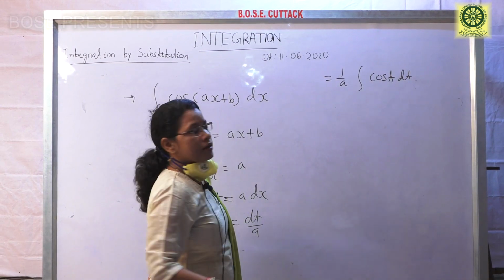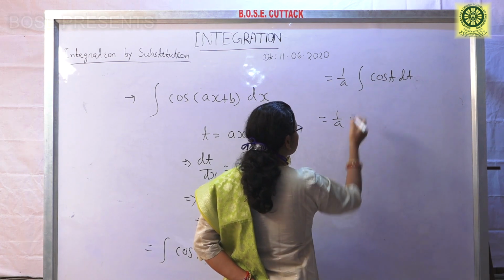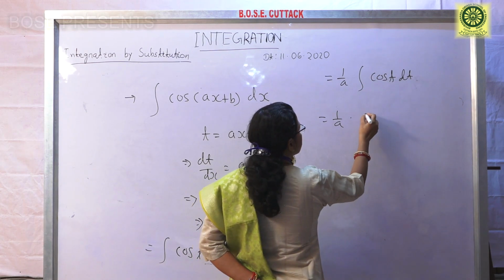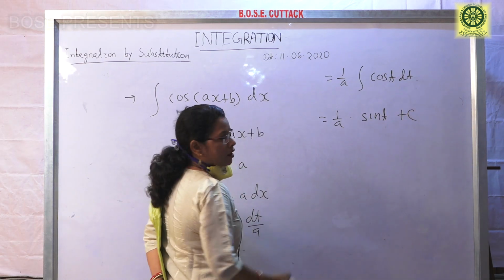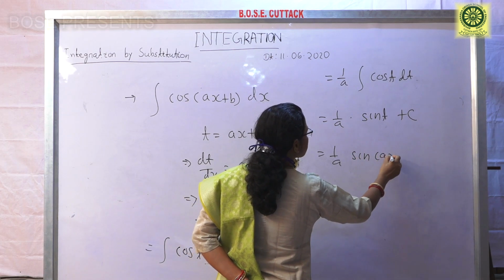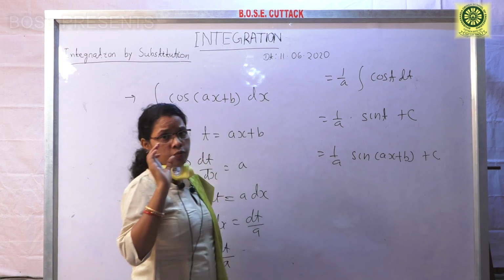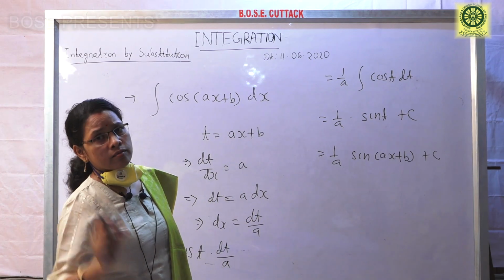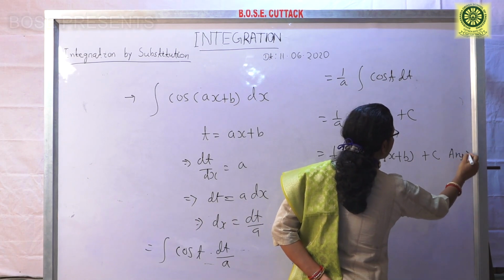Then just use the integration formula, that the integral of cos t is sin t plus c. Now just replace this t by ax plus b, as the problem we are given is in the variable x, so our answer should be in the variable x.